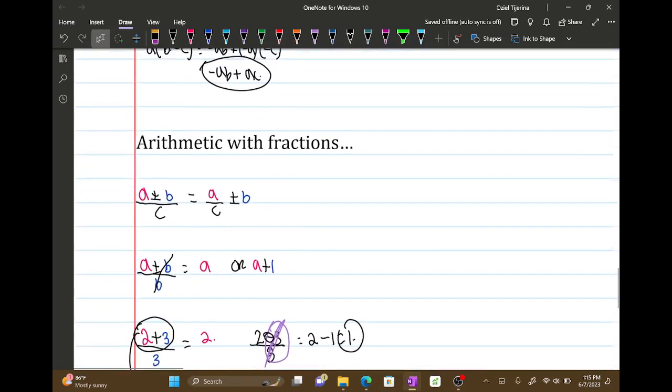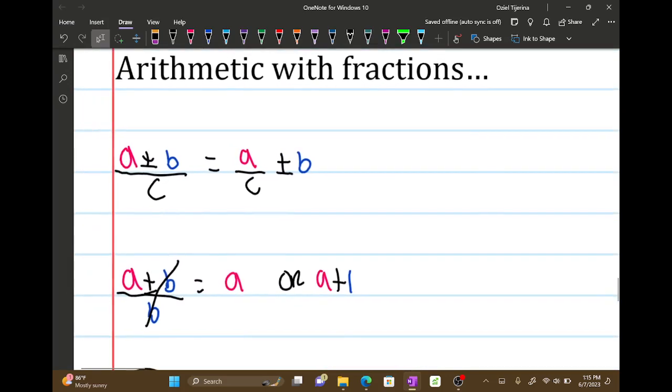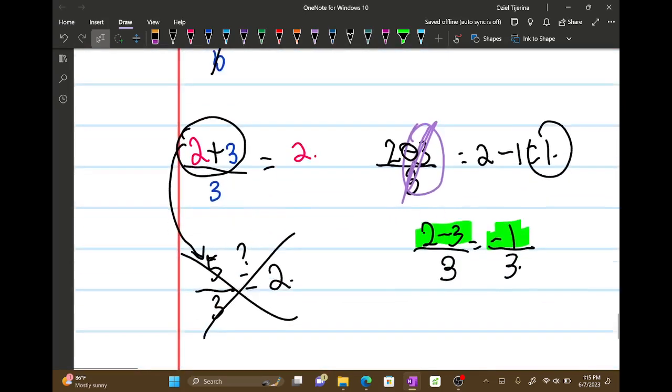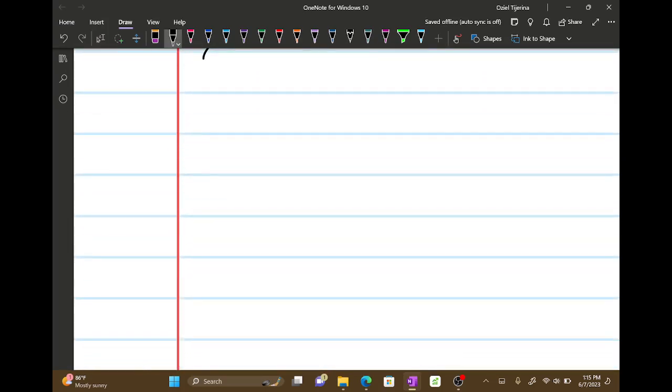And also the one for a plus or minus b over c. So for example, 2 plus 3 over 4 is thought to be 2/4 plus 3 over 1, or 2/4 plus 3, right?